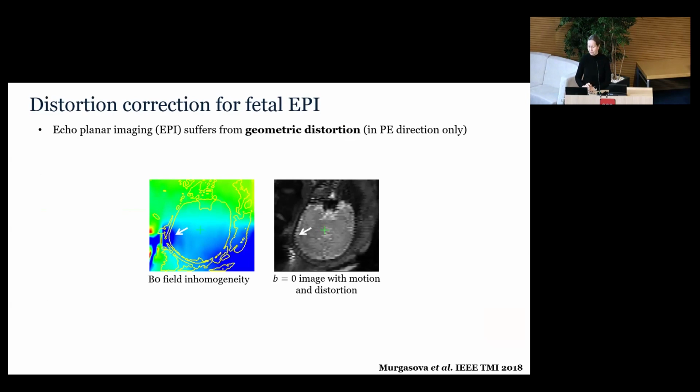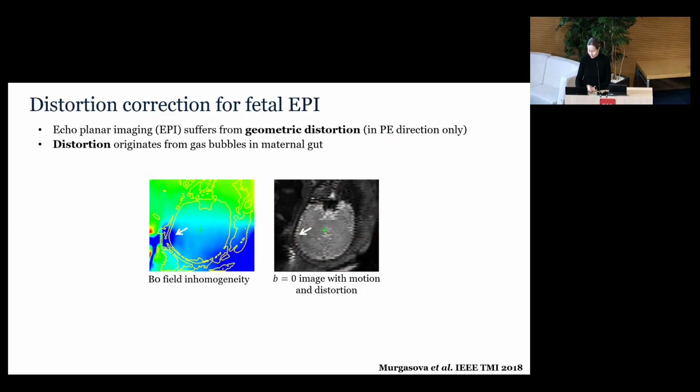This is kind of interesting because we have this geometric distortion, and in diffusion it's not actually in 3D, it's only in one direction, which is the phase encoding direction. You can see in this direction it's all fine, even though there are the slices, but here we have this kind of weird shape, and that comes from a bubble in the maternal gut.